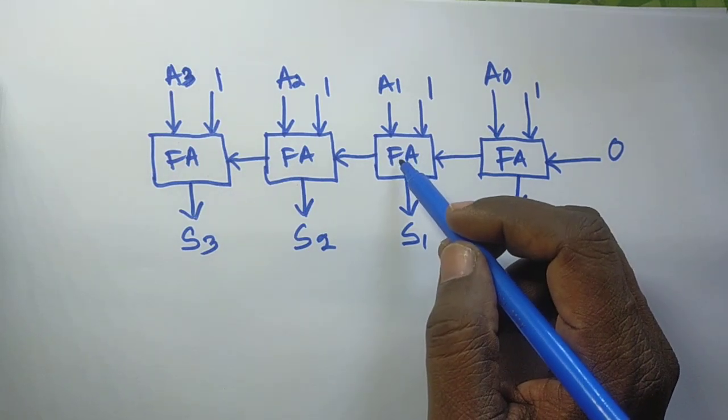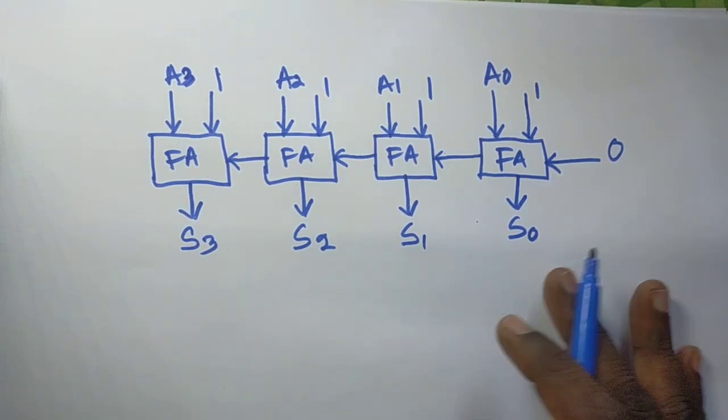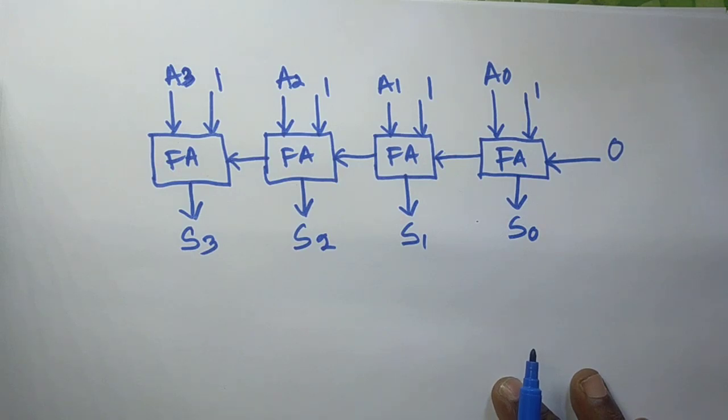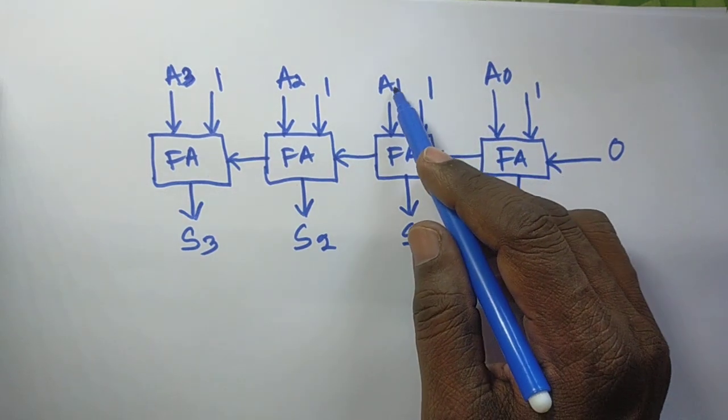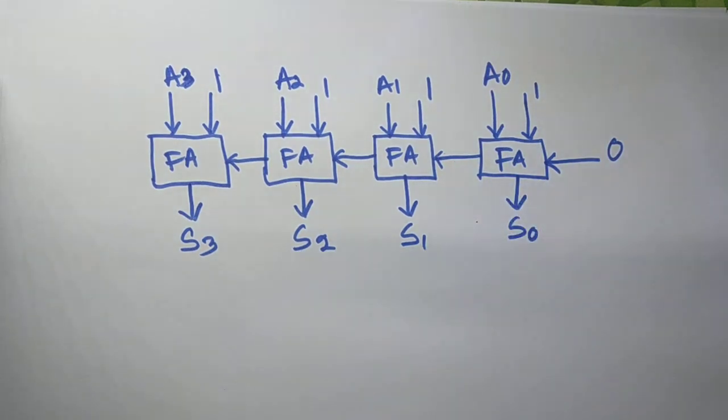Again that carry bit transfers to here. Suppose there is no carry bit, it doesn't matter. If there is a carry bit, it transfers from one full adder to another full adder. In this way, we can draw this full adder, that is 4 bit. Here is 4 bit because you see A0, A1, A2, A3 are 4 bits, and the incrementer, that is 1 1 1 1, like this we can design.